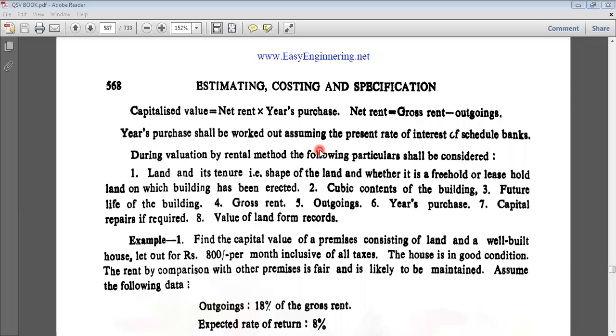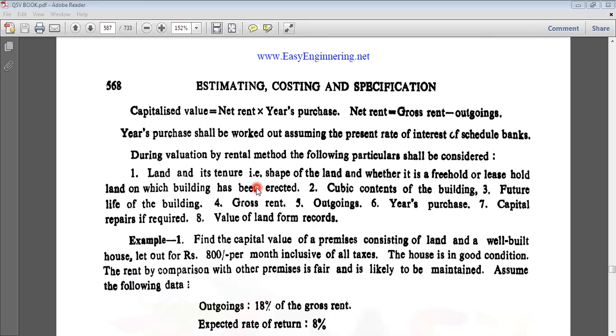What other factors do we have to consider? As far as the rental method of valuation is concerned, we have to consider the land and its tenure, that is the shape of the land, and whether it is freehold or leasehold, on which the building has been erected. Whenever you go for valuation, you should identify whether that land is a freehold property or a leasehold property.